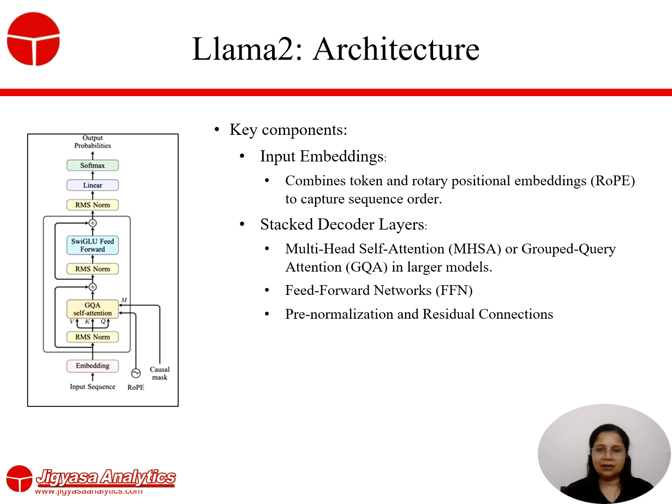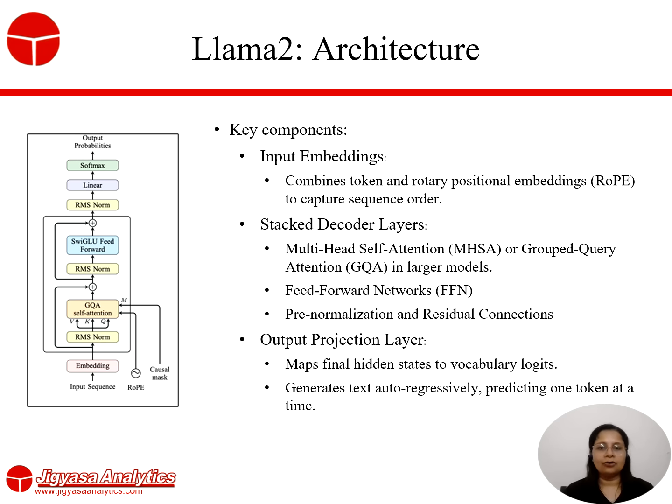Multi-head self-attention, or grouped query attention in larger models, helps the model capture relationships between different tokens. Feed-forward networks process and transform these representations. Pre-normalization and residual connections improve training stability and ensure information flows smoothly through the layers. Finally, the output projection layer converts the processed representation into scores over the vocabulary, preparing the data for the model's final predictions.